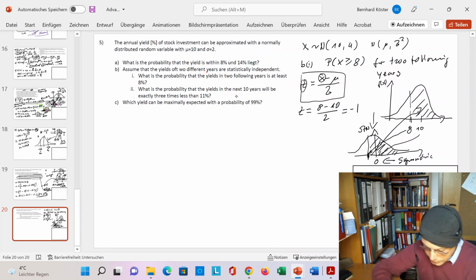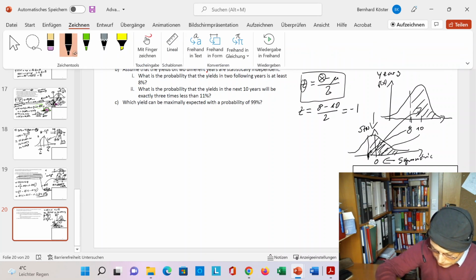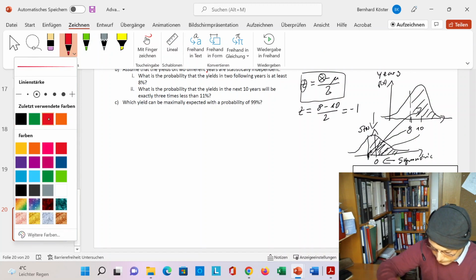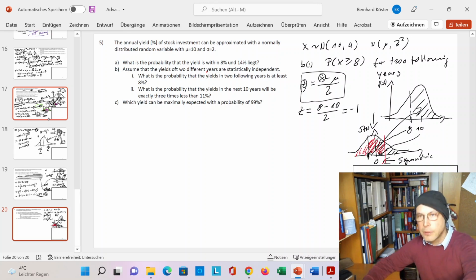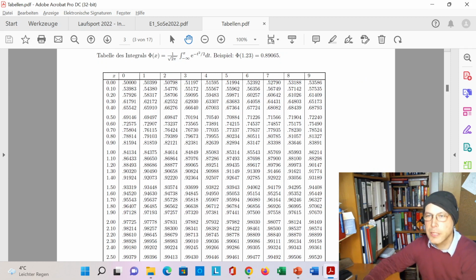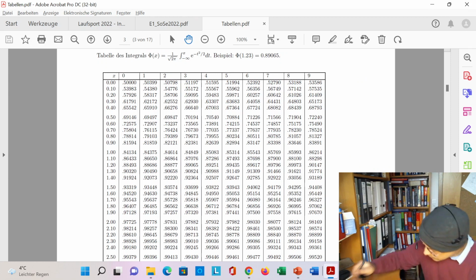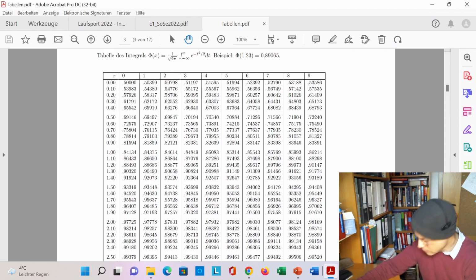Therefore we know that this area here is as large as the area we are interested in.